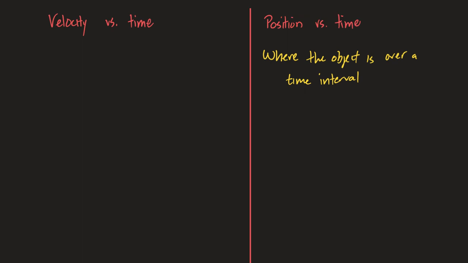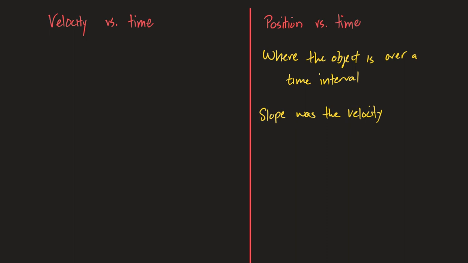You told me, I didn't tell you, but you told me that the slope... I helped you with the vocabulary, but you were able to come to the conclusion that the slope of this graph was how fast the object was traveling.